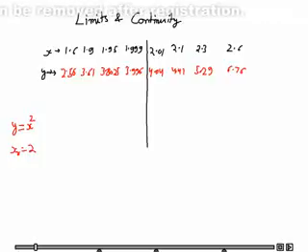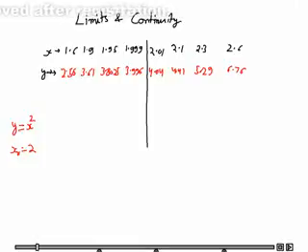First we see the values of x which are smaller than 2. This is 1.6, 1.9, 1.95, 1.999, and likewise any number of values of x which are more and more closer to 2, and we find the corresponding values of y equal to x square here.